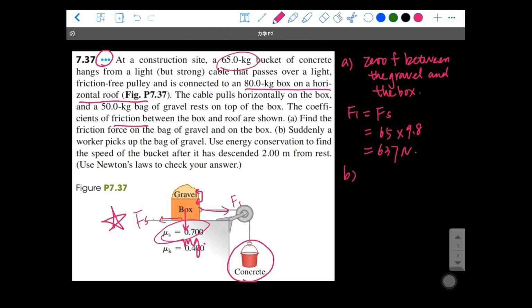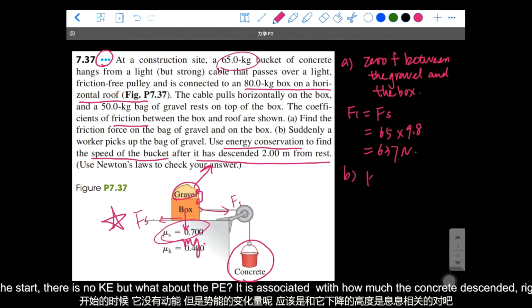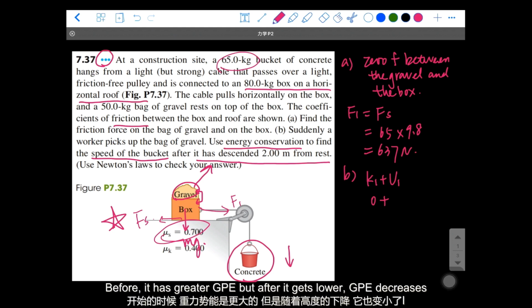So part B, at start, there is no kinetic energy, right? So it will just be 0. But what about the potential energy? Potential energy should be based on how much it descends, right? Before, it has that much gravitational potential energy, but after it changes its height, it gets smaller.